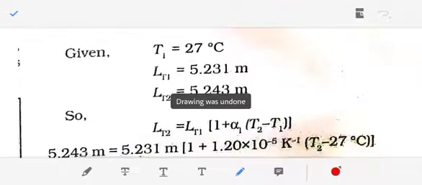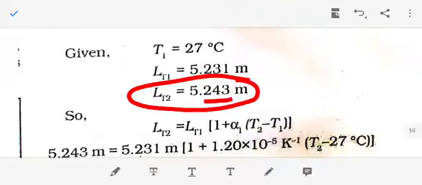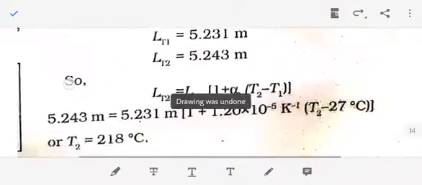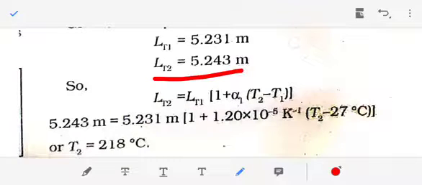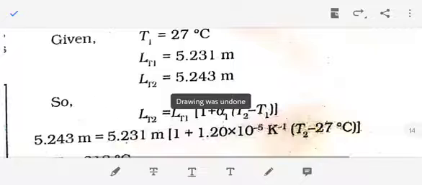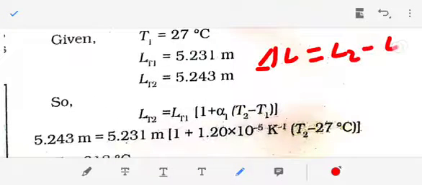We want the length 5.243 meter so that the ring will fit the wheel. This length we want, this is L2. We know that delta L was L2 minus L1. L2 we have, L1 we have, so we have both these values.